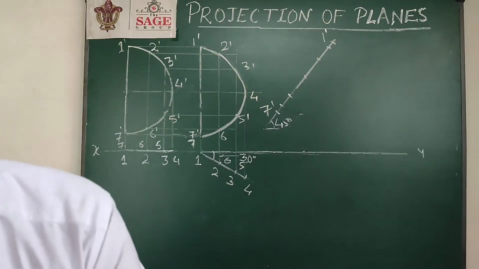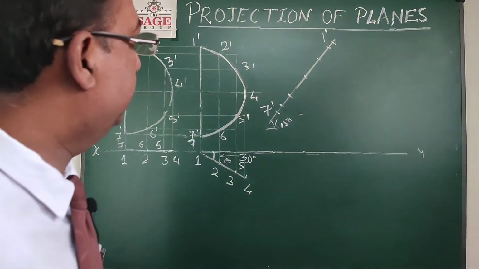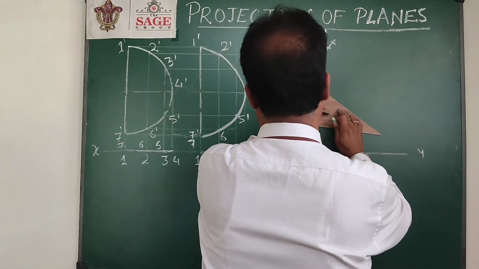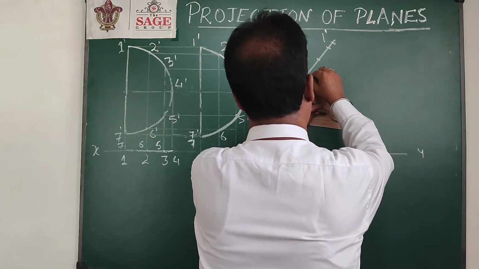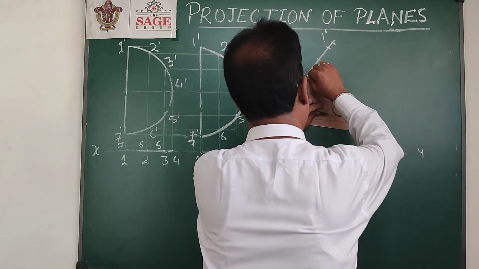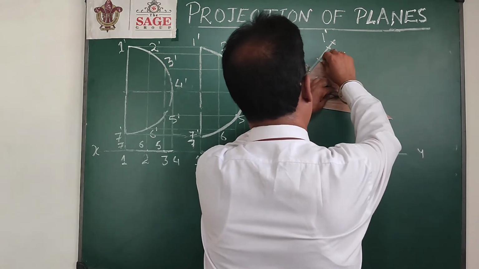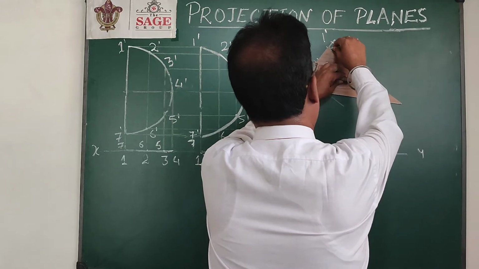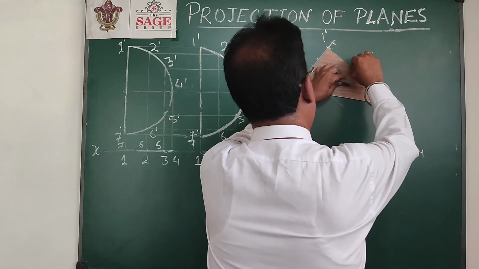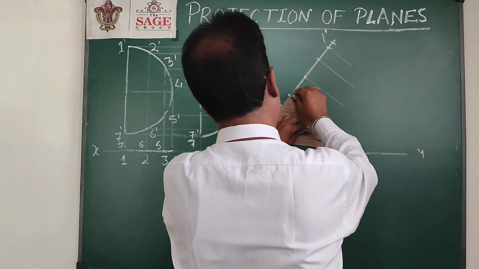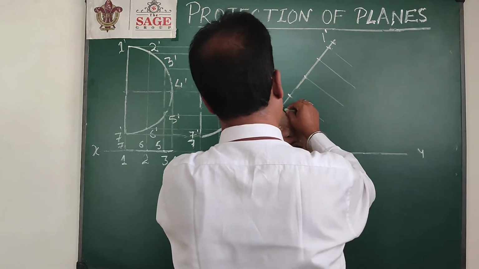Now I will draw perpendiculars from all these lines, and on that I will get my points. This is known as offsetting. Earlier we have already talked. This method is known as the offsetting method, to copy any given figure in a new location. So that I am doing.